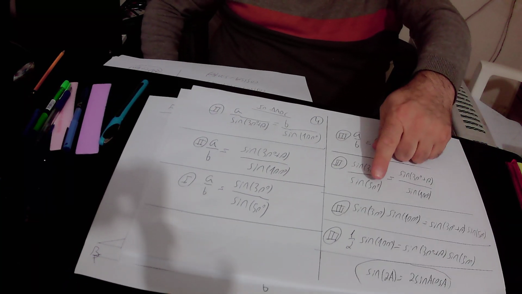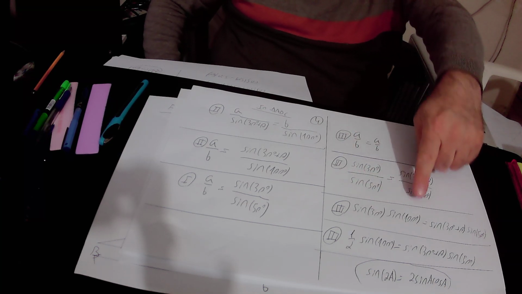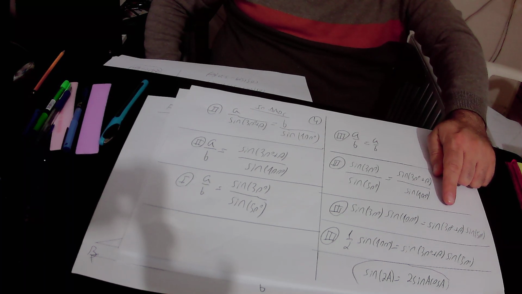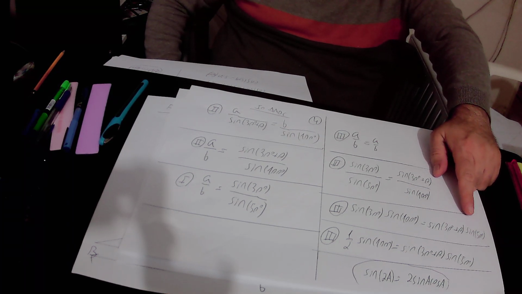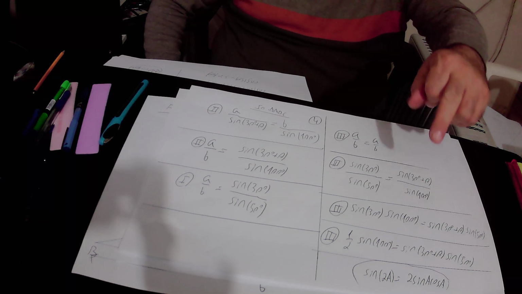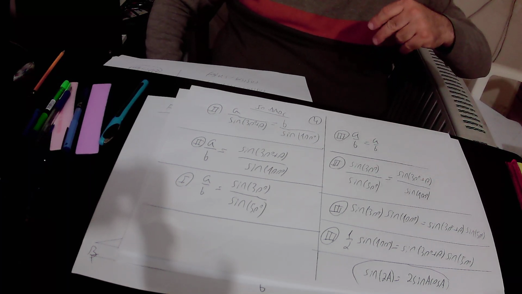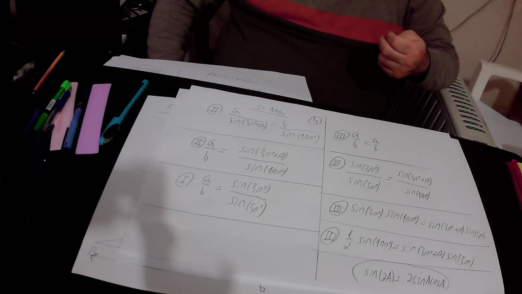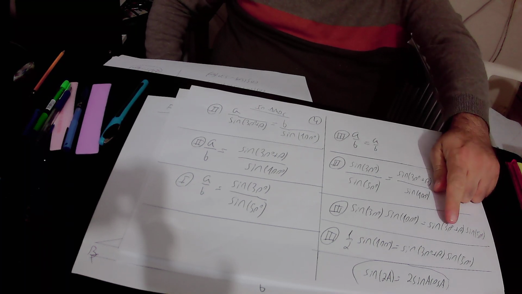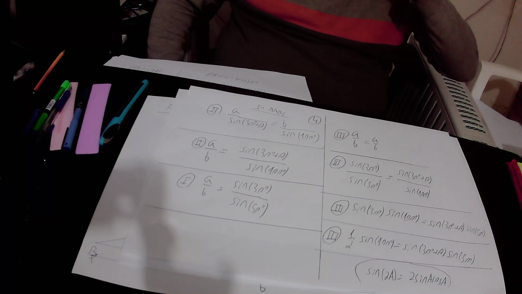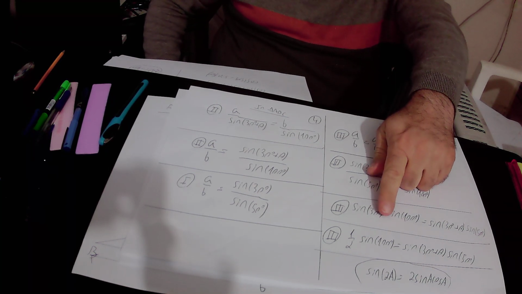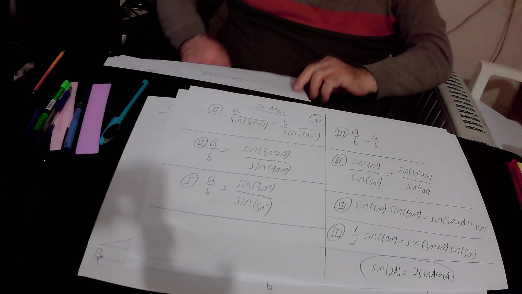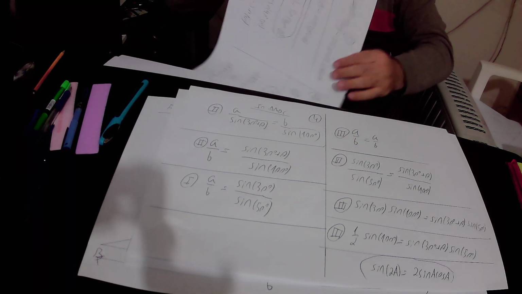Sine 30 degrees is 1 over 2, so it is 1 over 2 times sine 100 degrees equals sine 30 degrees plus theta times sine 50 degrees. We use the trigonometric identity that states that sine 2 theta equals 2 sine theta cosine theta, and according to this identity the value of sine 100 degrees equals 2 sine 50 degrees cosine 50 degrees.